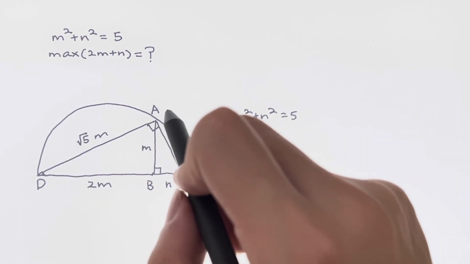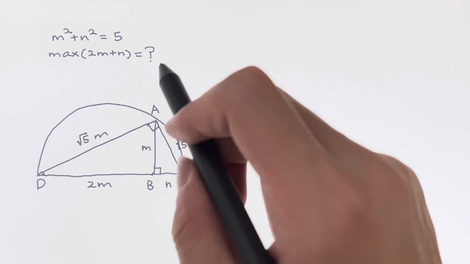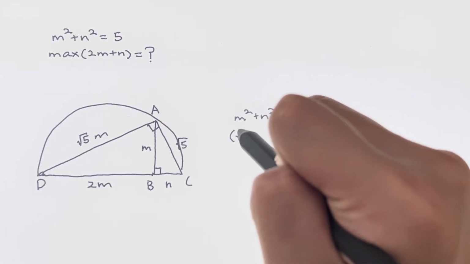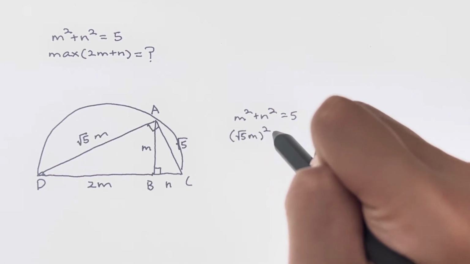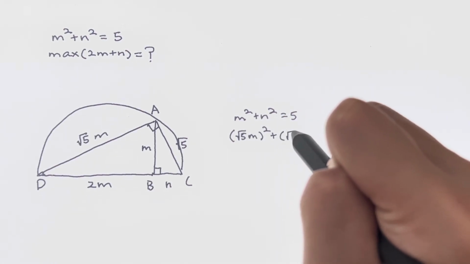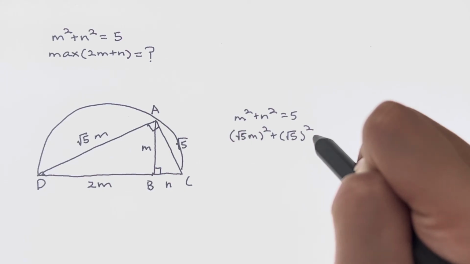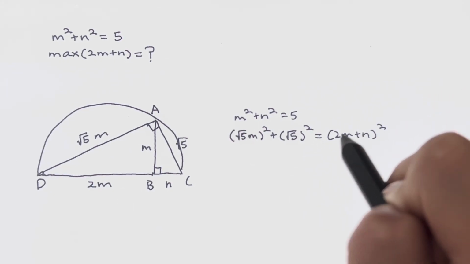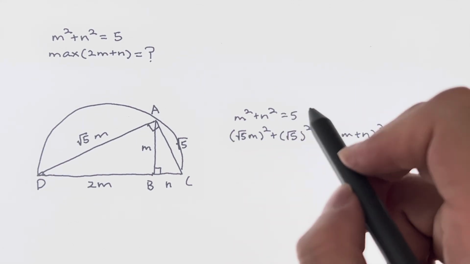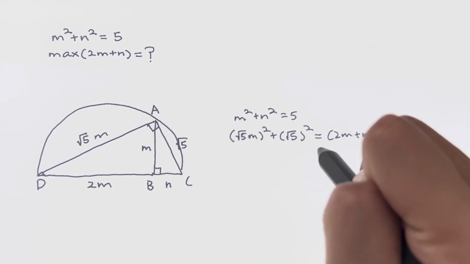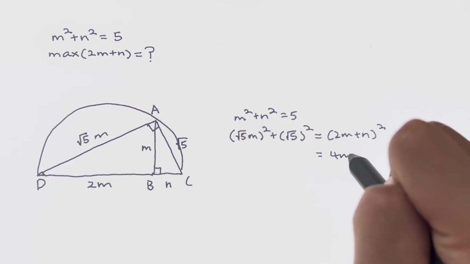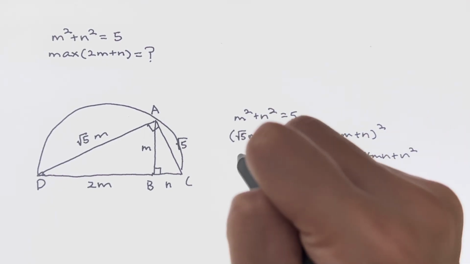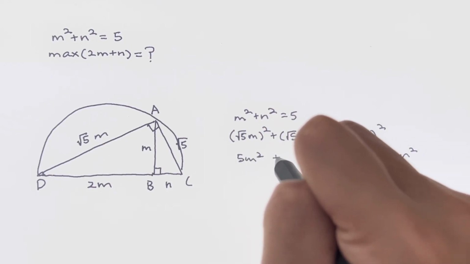And by the Pythagorean theorem, we have AD squared plus AC squared equals DC squared, so we'll have square root 5 times m squared plus square root 5 squared equals 2m plus n squared. So this will equal 4m squared plus 4mn plus n squared equals 5m squared plus 5.